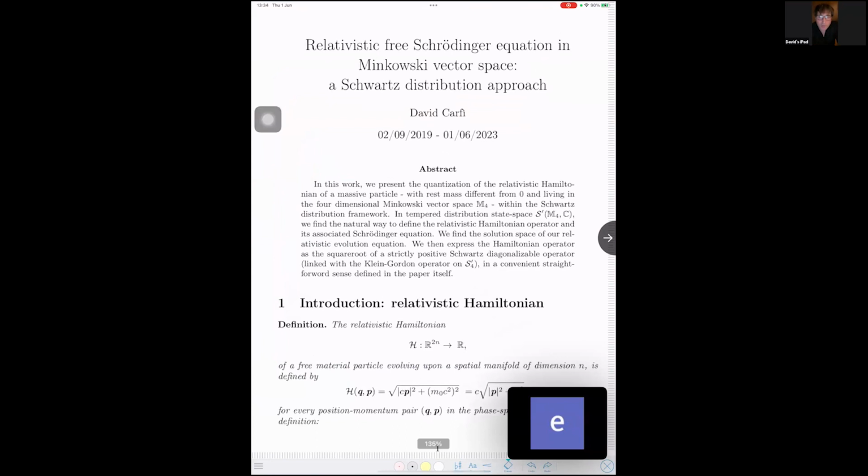First of all, we consider the relativistic Hamiltonian here. The relativistic Hamiltonian is a function from R^2n into R, defined on the position-momentum space by a square root.